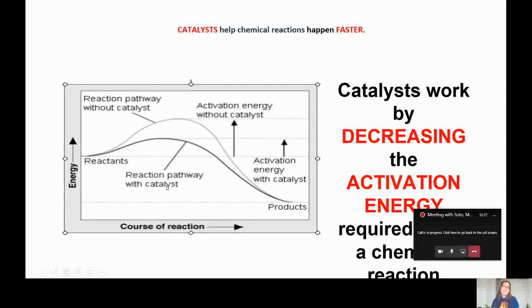Now, if you add a catalyst to this reaction, this catalyst is going to lower that activation energy. So you see how this curve is much less steep than this other one. So it requires less energy to get this done. That is how a catalyst works. It decreases the energy that you need in order to speed up a reaction. So you're able to get to the products a little bit faster.